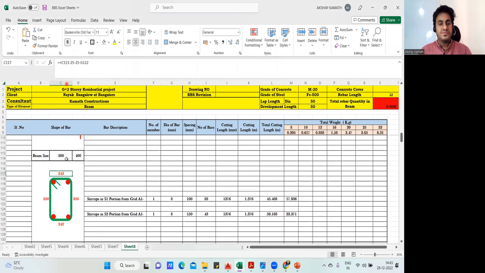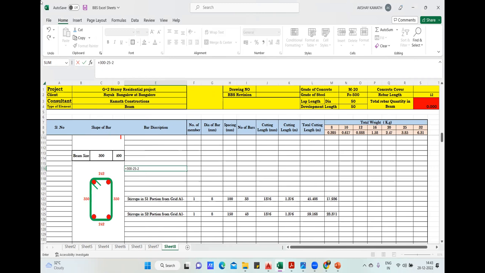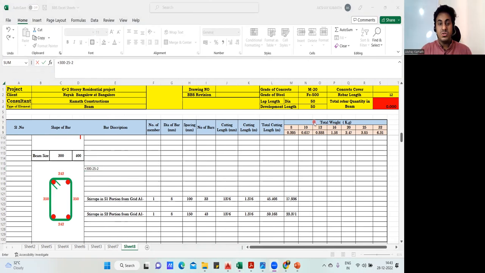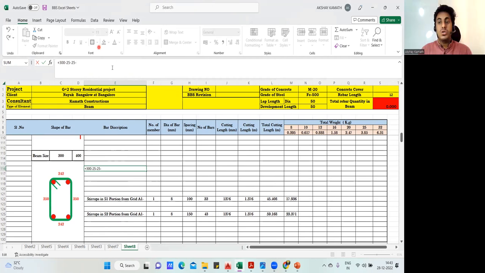So what I've done, I'll do it here only. Plus 300 overall length, minus 25 mm on the left side, minus 25 mm on the right side, minus the diameter of the stirrup, because we are taking the length from the center of the stirrup to the center of the stirrup.